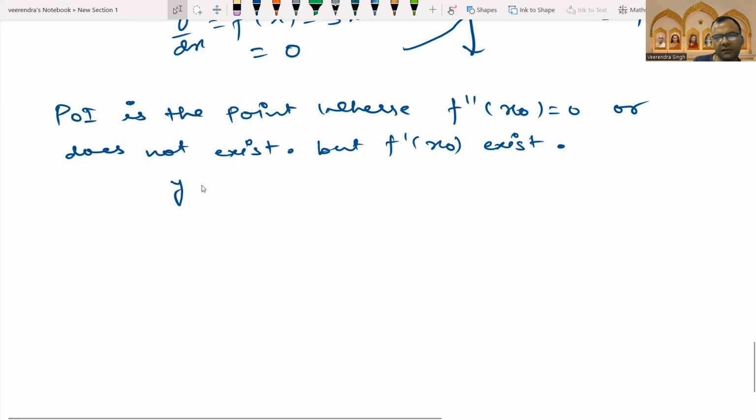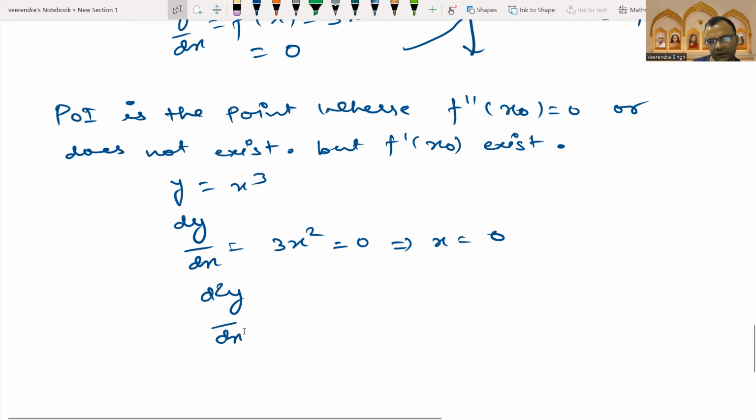For y equals x cube, if I differentiate it, dy by dx equals 3x square, which equals 0, which implies x equals 0. If I differentiate it again, we get d2y by dx square equals 6x, which is again 0. So at x equals 0, the double derivative is also 0. So this point is known as point of inflection.